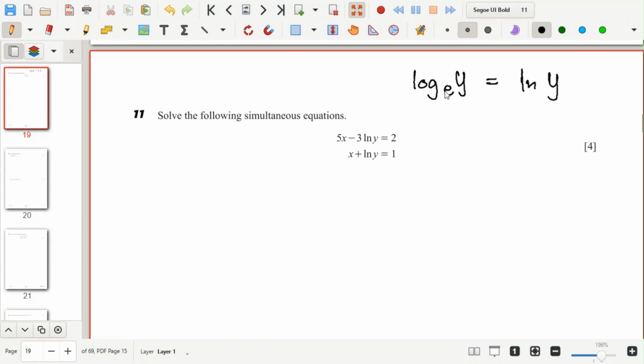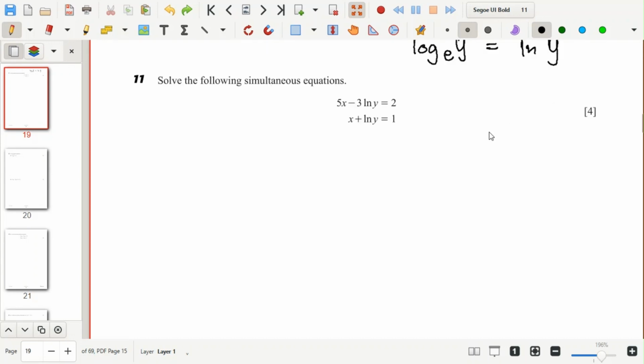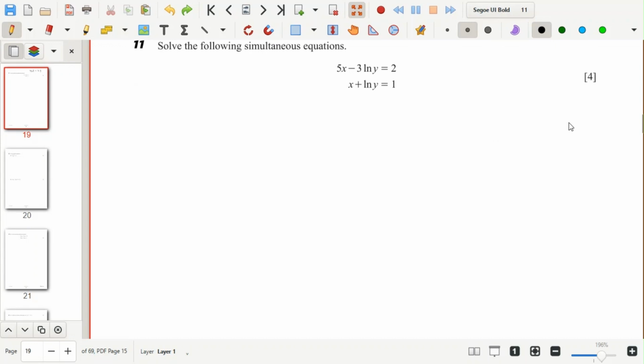So this is the same as logarithm to the base e, where e is an irrational number, which is 2.71823. A lot of numbers. It's an irrational number. But you don't really need that. All you need to know is how to solve questions that involve this Euler's constant, or what people call the exponential function.